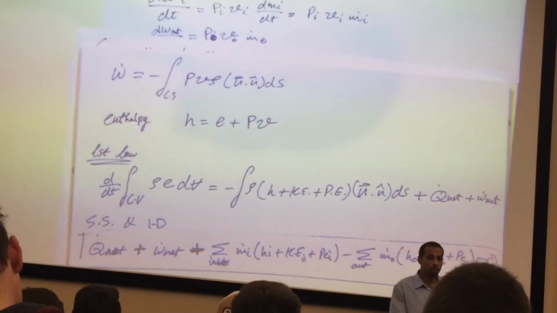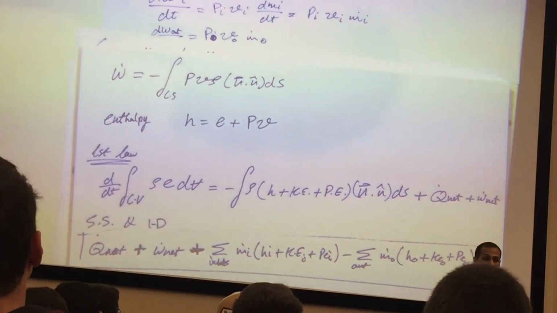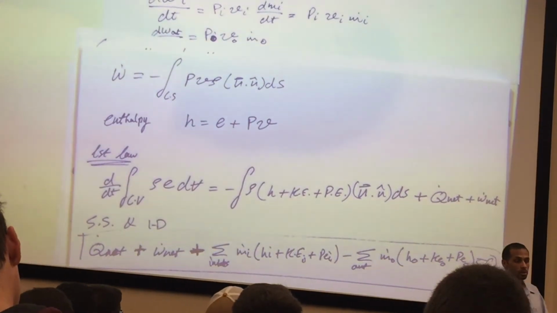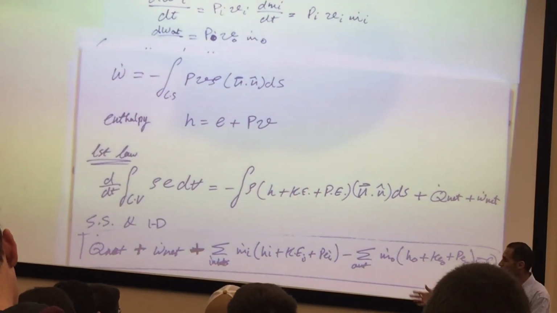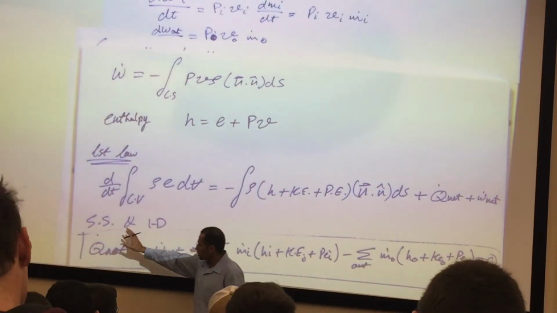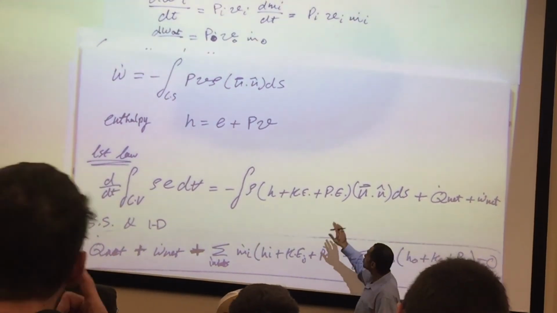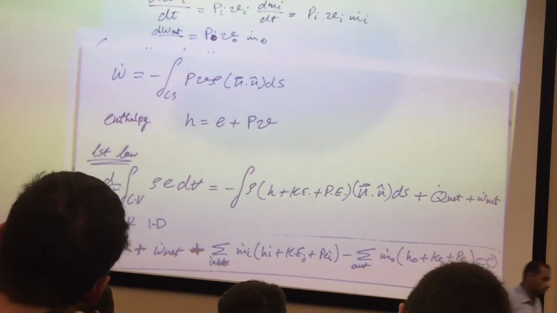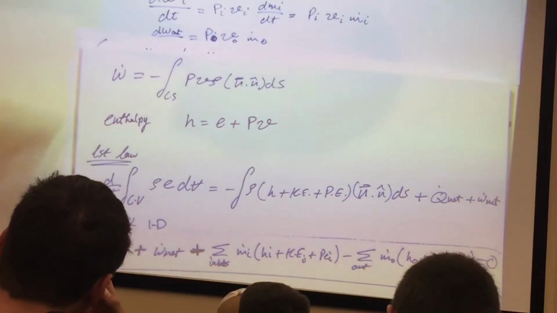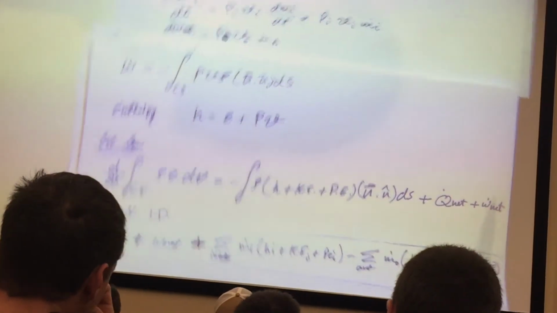If you have a turbine or a compressor that is inducing or taking away work, so your turbine is taking away work from the flow, we have to account for it, and I will show you how we're going to compute this. This we're going to have to do through chemical reactions. But the important thing is we want to look at the rate of change in energy, which is right here.